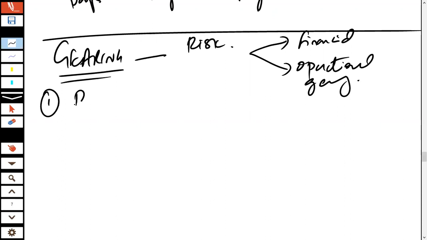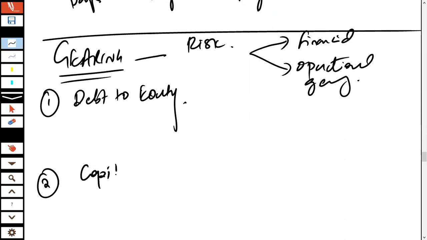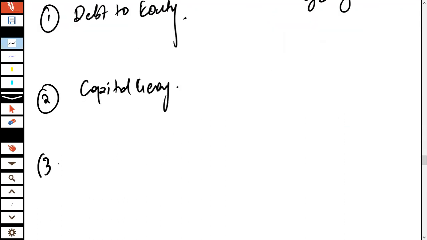One of them is basically a ratio called debt to equity. The second one is the ratio termed capital gearing. The third one is termed the interest cover.